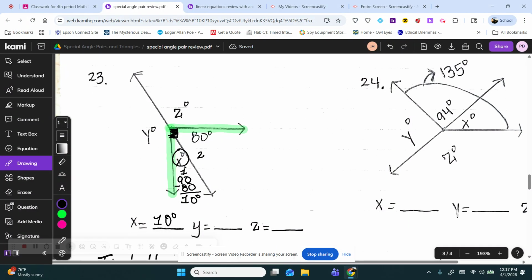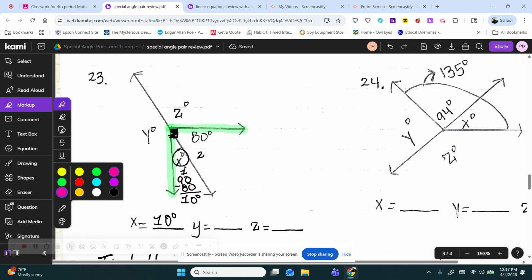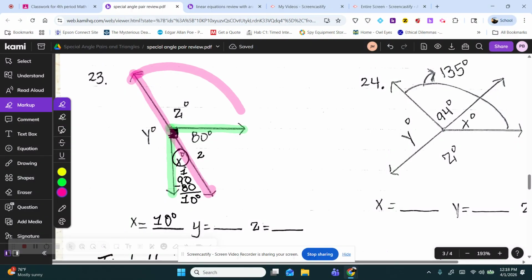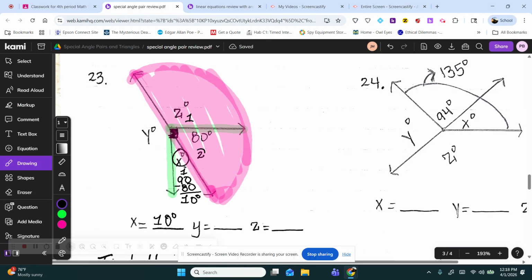Okay, now I'm going to go ahead and draw a straight line, and on that straight line sits this semicircle. So all of this together makes 180 degrees. I'm going to call this angle 1, and this is angle 2. So angle 1 and angle 2 make 180. If this is 80 degrees, all I have to do here is 180 minus 80, and I can tell you that the measure of angle Z is 100 degrees.